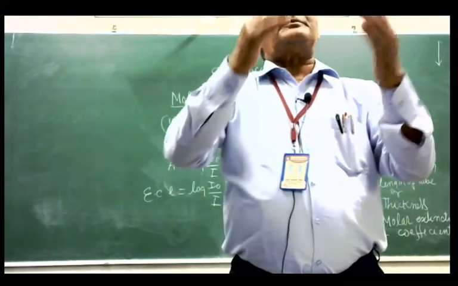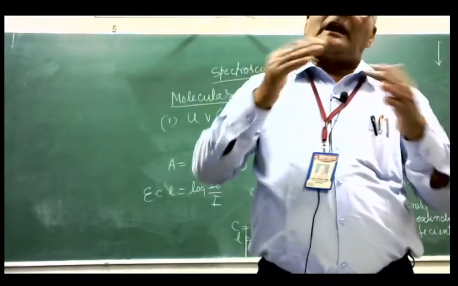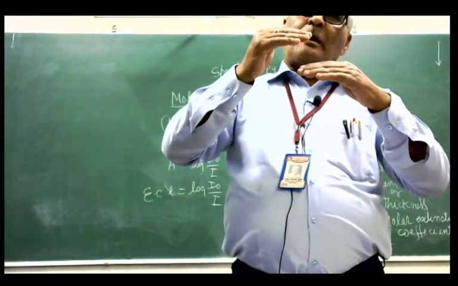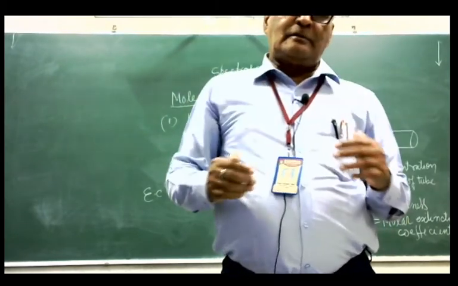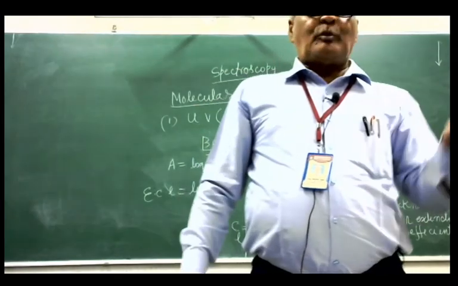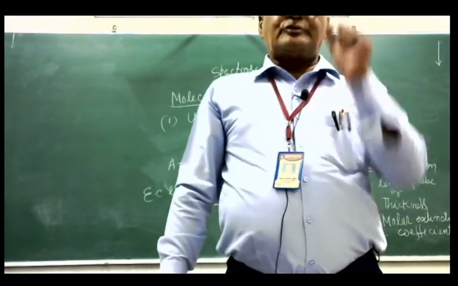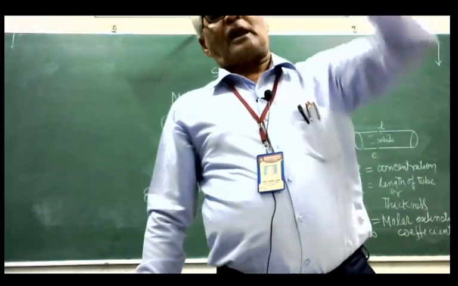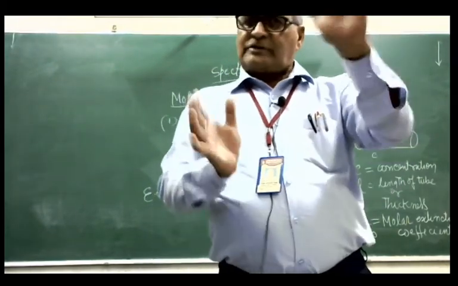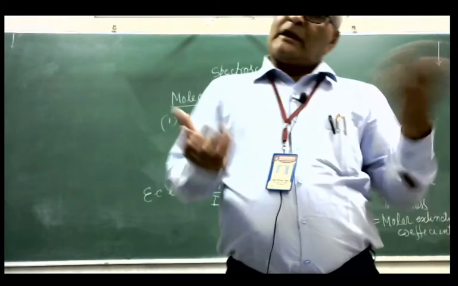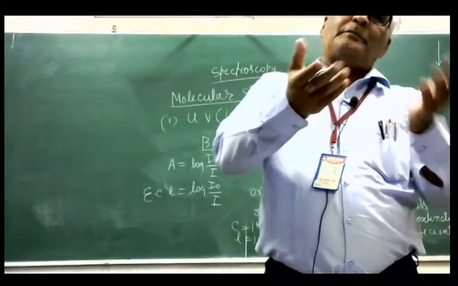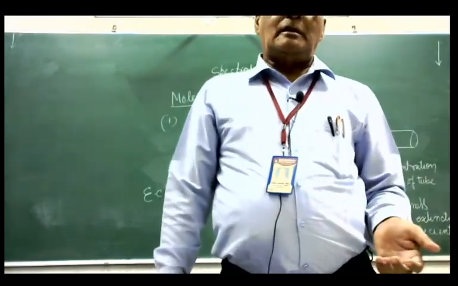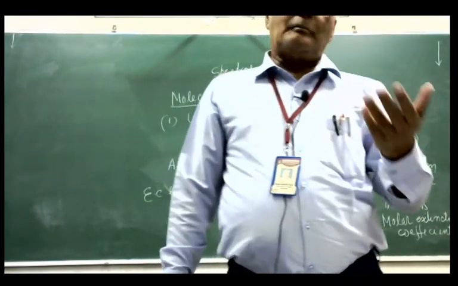So there are different types of bonds. An electron may jump from bonding to anti-bonding of one type. Suppose there is a sigma bond, so the electron may jump from sigma to sigma star. If the electron is present in a pi bond, if the bond is a double bond or triple bond, there are pi bonds.